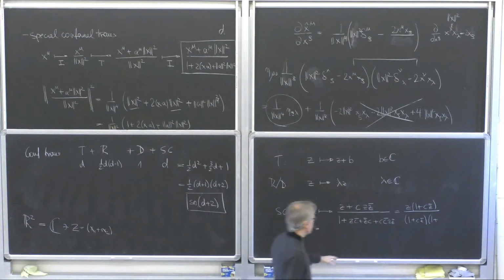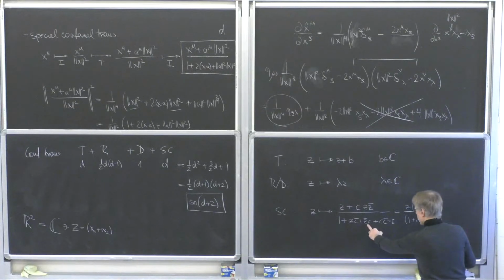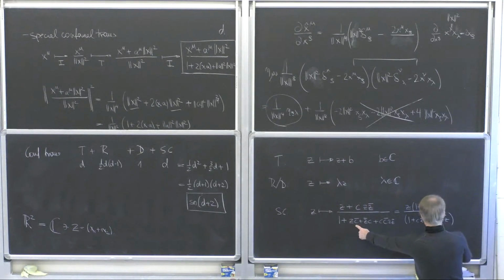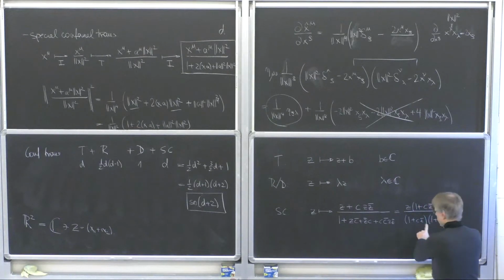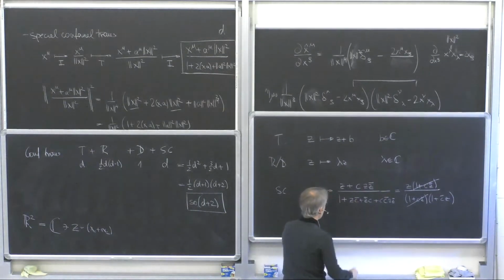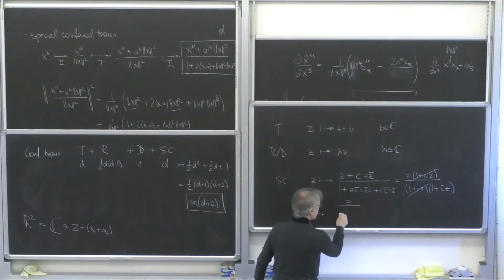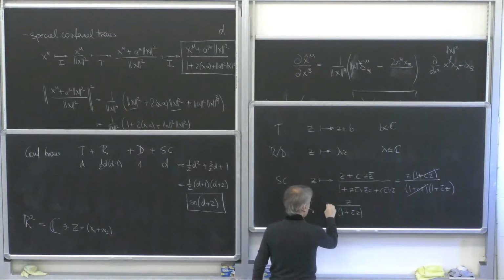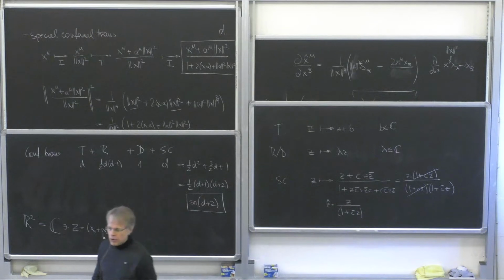So you observe that the denominator can be written as 1 plus Z C bar times 1 plus C Z bar, right? So this is the 1. This term is this term, this term is this term, and this term is this term. So it just factorizes in the denominator. And now if you look at this, you see this term cancels exactly this term. And therefore the special conformal transformation in 2 dimensions has the form Z hat equals Z over 1 plus C Z bar. So that's the special conformal transformation as written in this complex language.